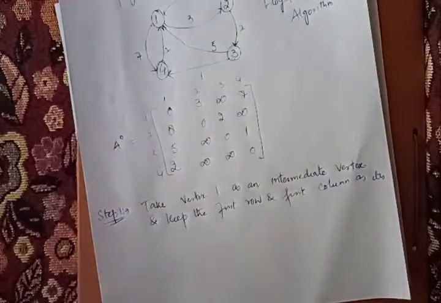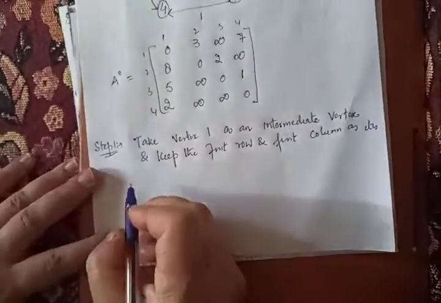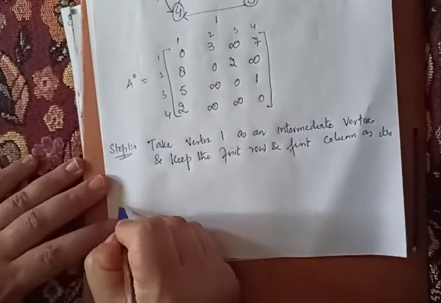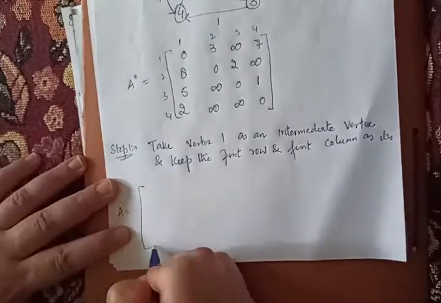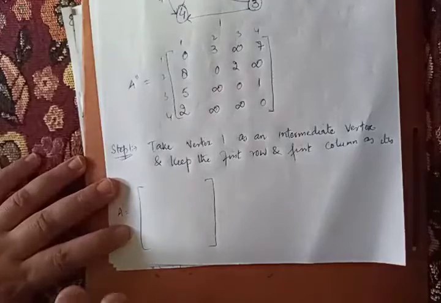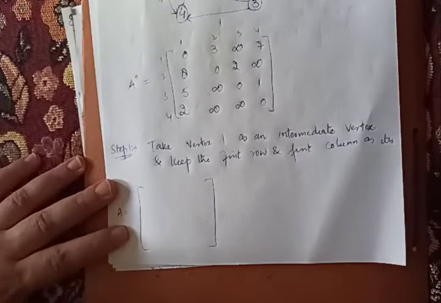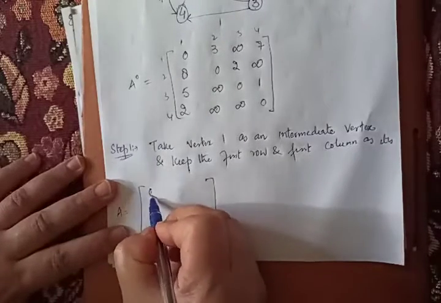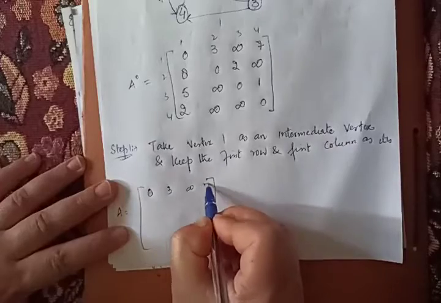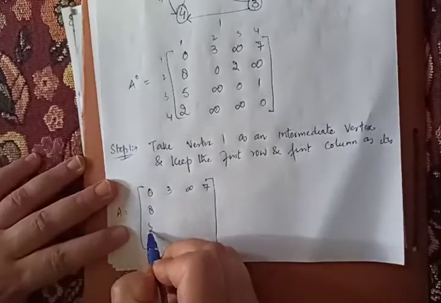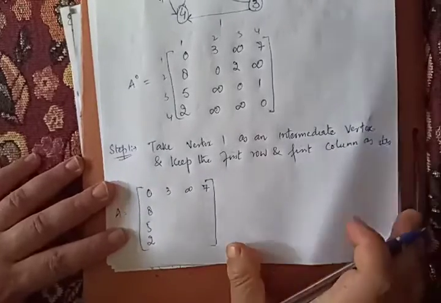So the first matrix will be like this. We don't have to do anything with the first row and with the first column. So 0, 3, infinity, 7, 8, 5 and 2.